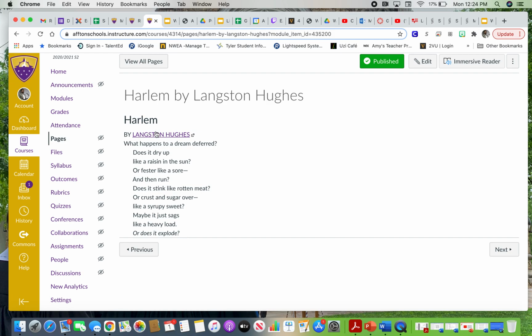However, if we know much about Langston Hughes, we know that he was a poet during the Harlem Renaissance, a time period of kind of rebirth of the black culture, specifically in Harlem, and a political and cultural movement that said our equality is not being met, right?